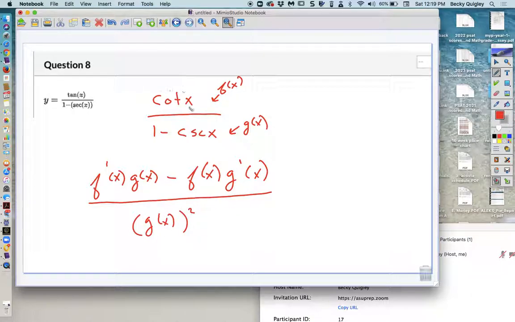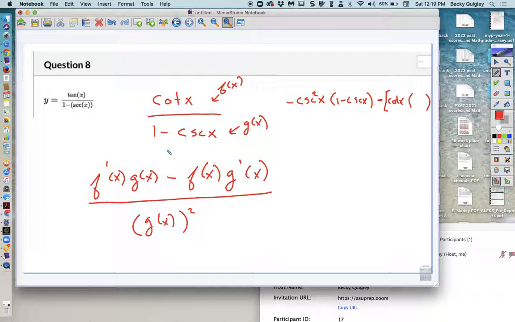Okay, so the derivative of cotangent x is negative cosecant squared x and then that's going to be times 1 minus cosecant x minus, I'm going to take f of x. I always use big brackets here so I don't mess up on my sign, cotangent x, times the derivative of 1 minus cosecant x. Well, the derivative of 1 is 1.